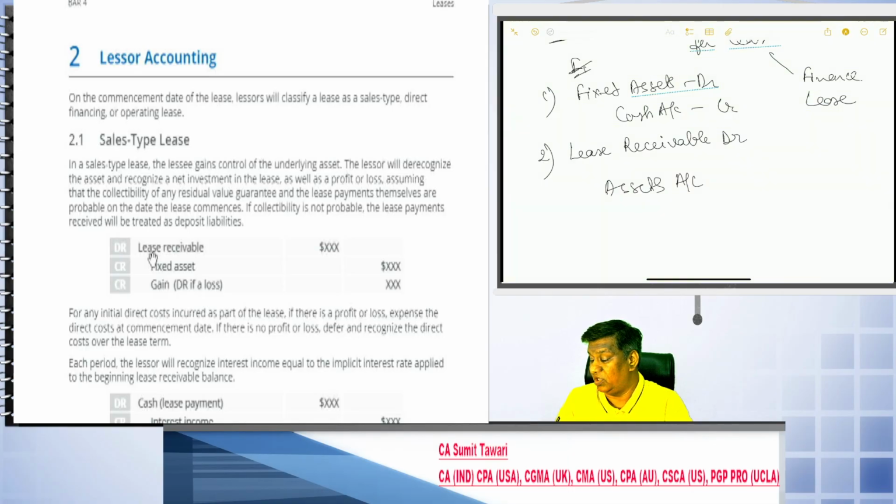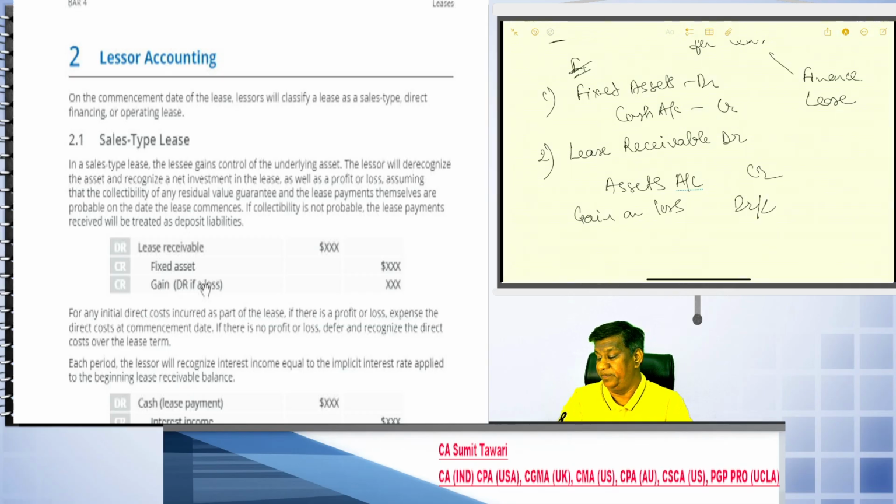So it is not the asset of the buyer, it is basically the asset of the lessee. So here lease receivable, fixed asset. If there is a difference in this value, then it is gain or loss, whatever the debit and credit.